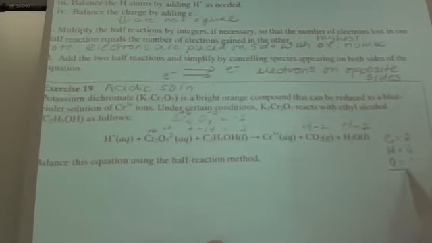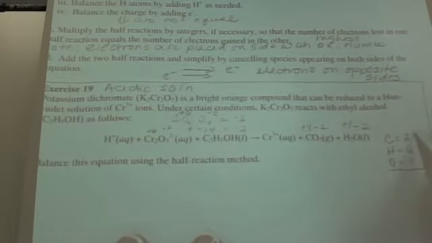Now, totally, each one of these must add up to what? 0. 0, because this is a neutral compound. Now, you need to know the oxidation numbers in order to make them add up to 0.